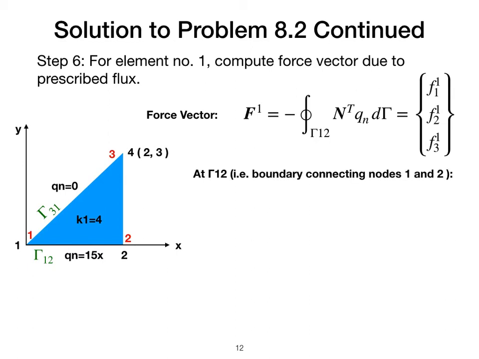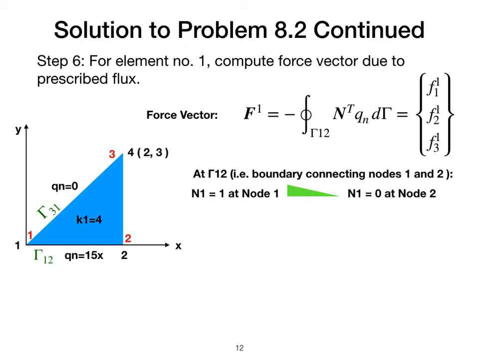In order to calculate F1, F11, F12, F13, we are going to use the shape functions N1, N2, N3 at gamma 1 2, and we know that N1 is equal to 1 at node 1, N1 is equal to 0 at node 2, and between 1 and 2, N1 is linear.